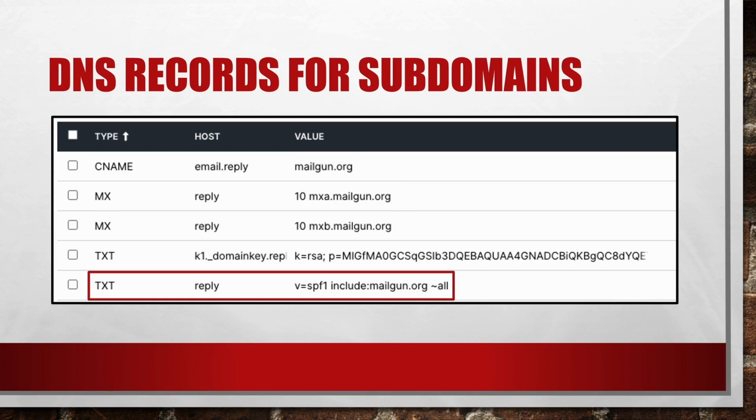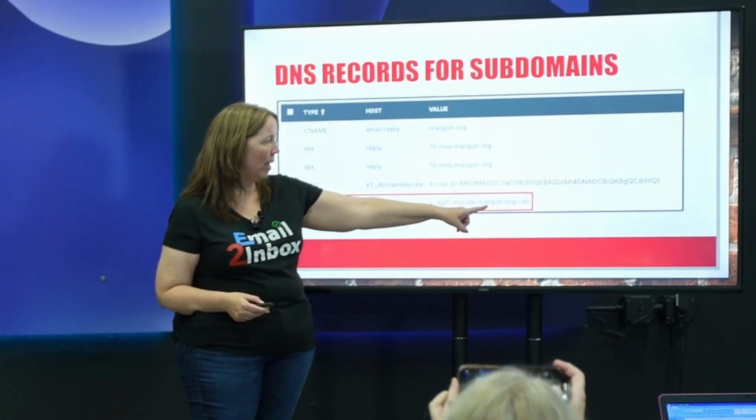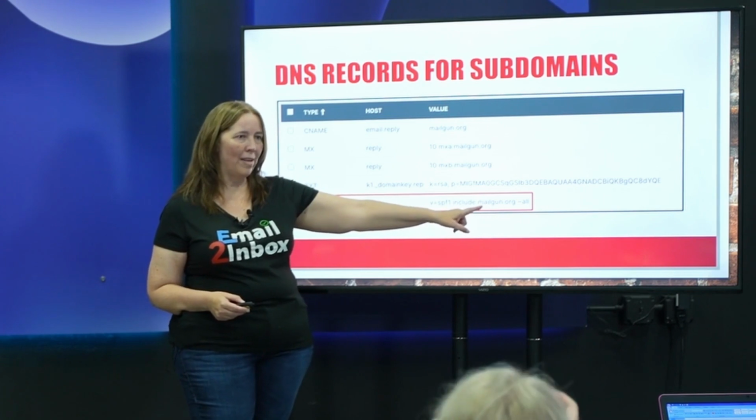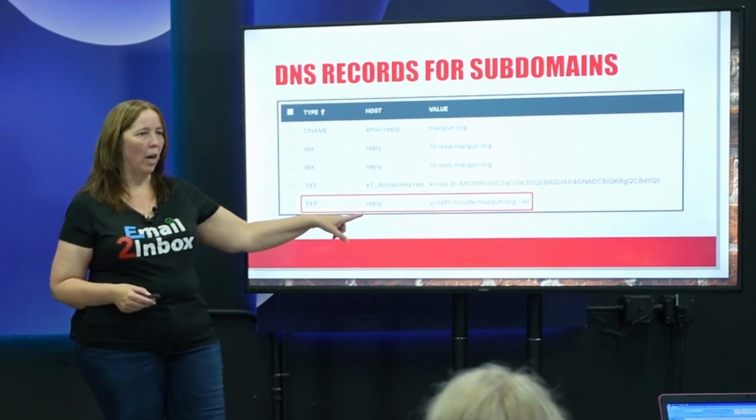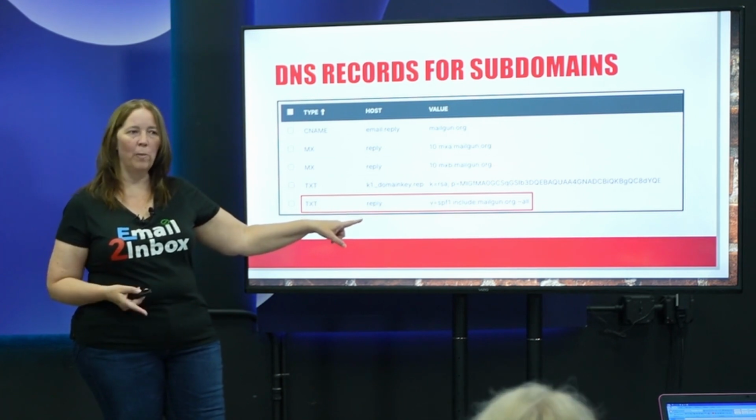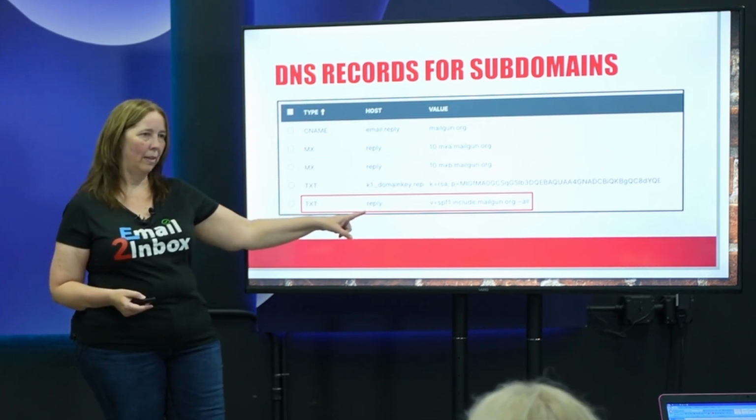And then I have a reply subdomain record for SPF. This is my sender policy framework record, my insurance policy that says Mailgun is licensed to drive email on behalf of this subdomain. Not my root domain, not any other subdomain, just this subdomain.